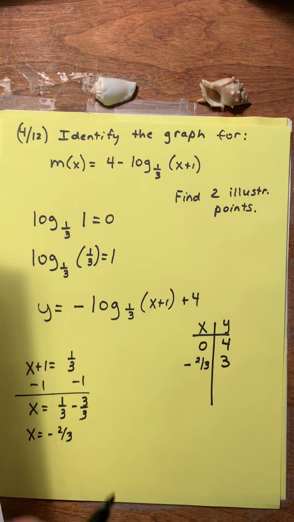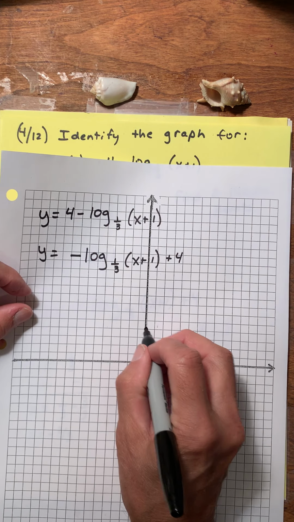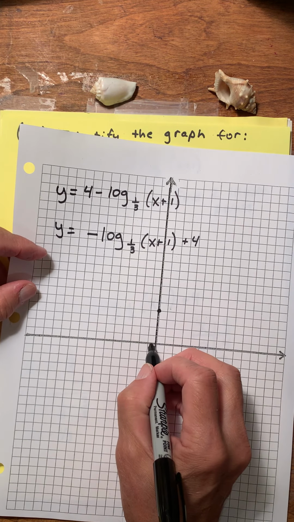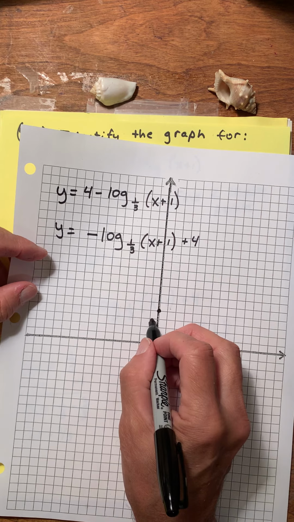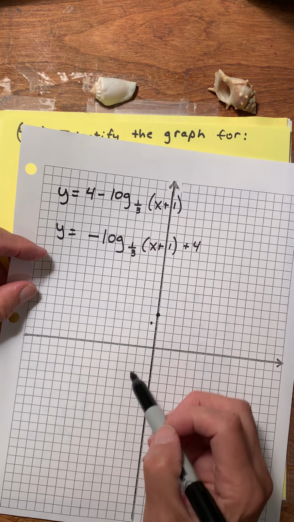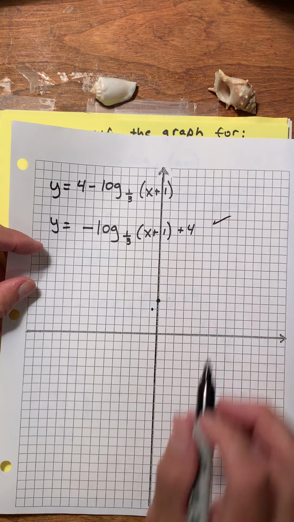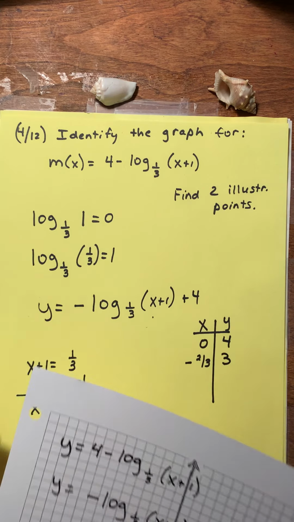Plot these 2 points, (0, 4) and (-2/3, 3). Find the graph that has these 2 points in it, and you got it. It's going to be that simple.